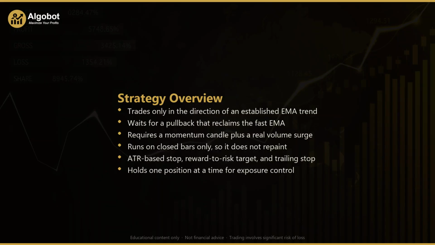Because all of its logic reads only fully closed bars, the strategy does not repaint or shift its signals after the fact. It also holds only a single position at a time, which is a straightforward form of exposure control. This makes it most relevant for patient, trend-following students who value confirmation over frequency and who want to understand how several conditions can be stacked together before a position is opened.